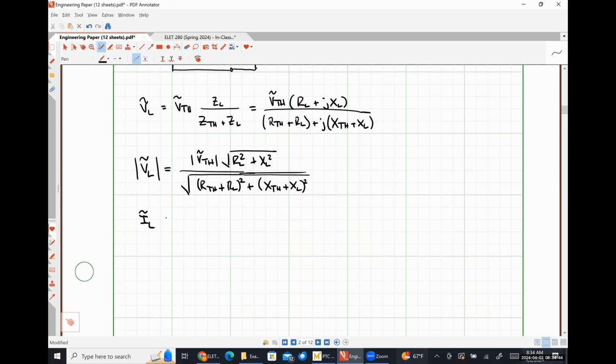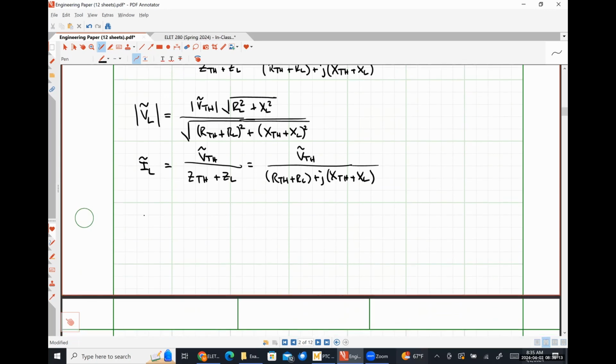My current can be determined using just Ohm's law. So I would have my Thevenin voltage divided by ZTH plus ZL, which I could write as VTH over RTH plus RL plus J XTH plus XL.